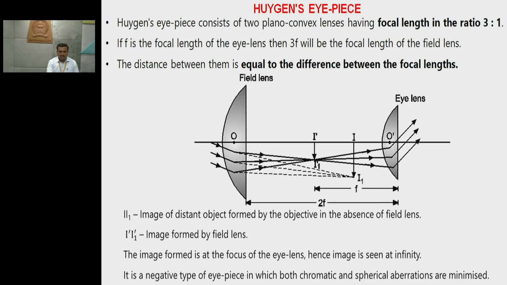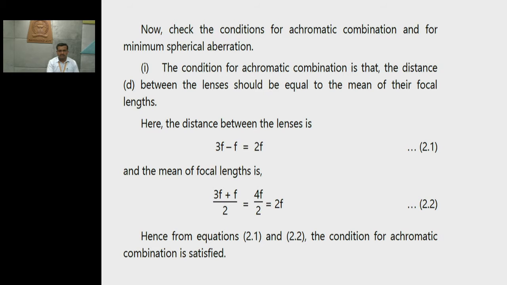In the absence of the objective lens, at I1, the image of the distant object is formed. The image formed is at the focus of the eye lens, hence the image is seen at infinity. It is a negative type of eyepiece in which both chromatic and spherical aberrations are minimized.